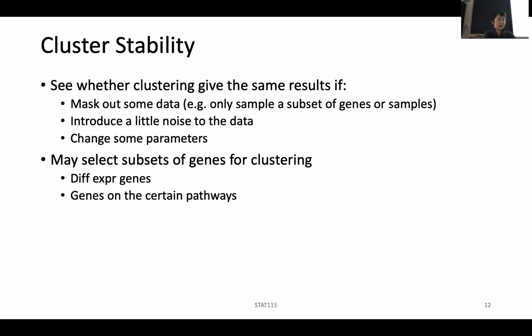If a gene is the same across all of your samples, putting it in your clustering is not going to help very much. Okay, so that's the idea. You can also select genes on certain pathways. So in general, if you select good, differential, for example, the most variable few thousand genes, they will probably give you a more stable clustering result.